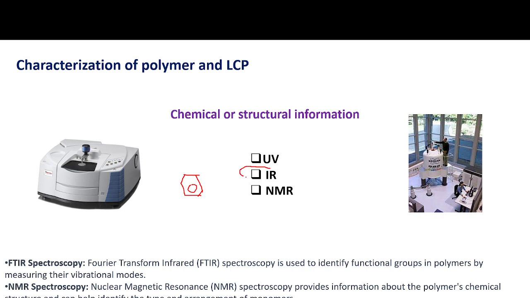And then another technique is FTIR spectroscopy. In IR spectroscopy, we can identify the functional groups present in our polymer system or in a monomer system, because in IR every functional group has its own stretching and bending frequency. If I show the carbonyl, take polyester synthesis: it is nothing but an acid and some alcohol.